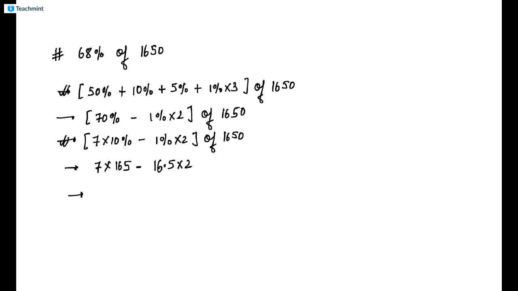In speed math I told you can easily calculate the table. This is 1155 minus 33. What are you getting? 1122. See, complex questions of percentage also we can solve by this method easily.